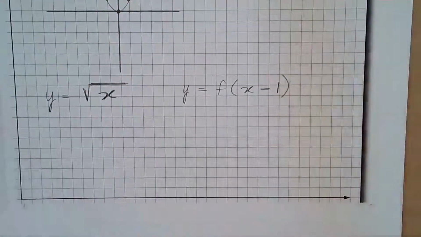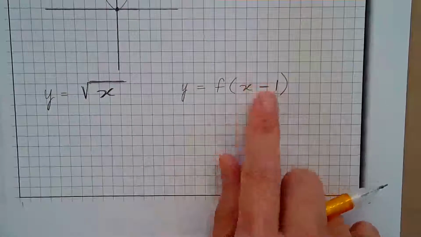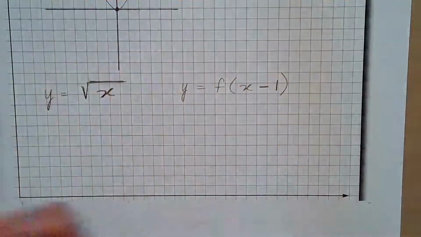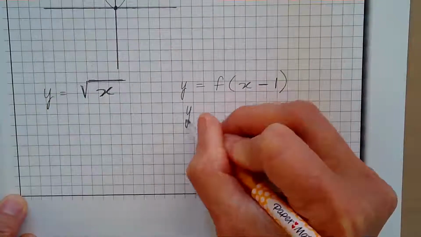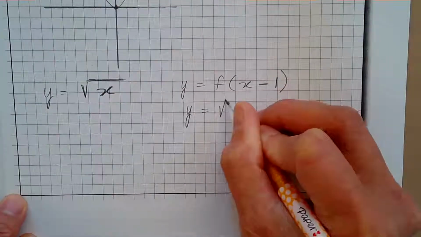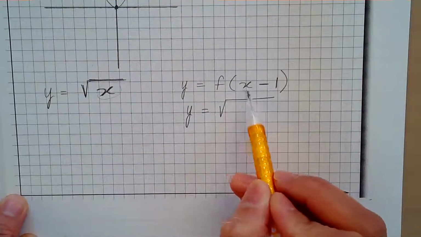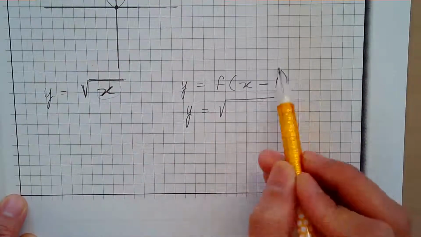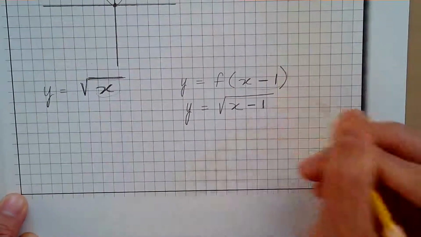Actually, yeah, x minus 1. What does that look like if we put it in terms of the square root of x? So it's going to be y equals, instead of x, we're going to put in x minus 1.